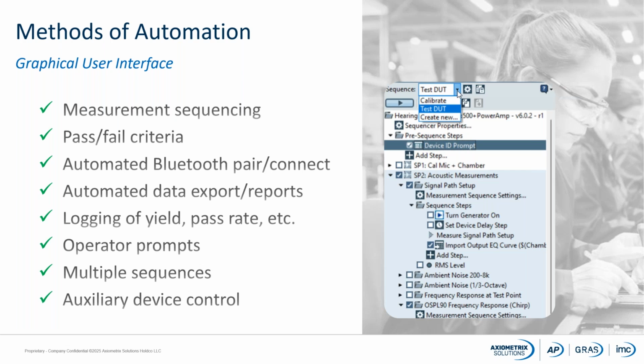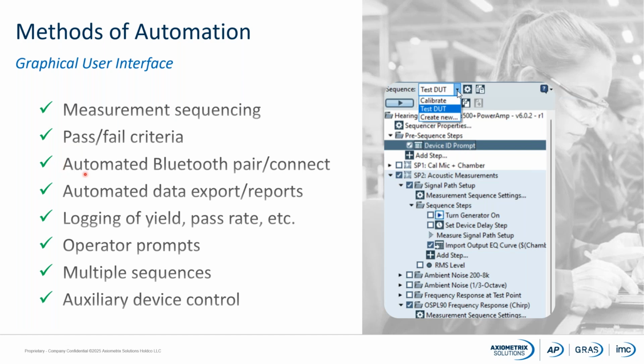Inside of the graphical user interface, you have quite a long list of features that you can use related to test automation. So I've listed some of them here. You have the ability to sequence any number of measurements together for one-click execution. And then you can apply pass-fail criteria, what we refer to as upper and lower limits, on any of the graphs in your sequence.